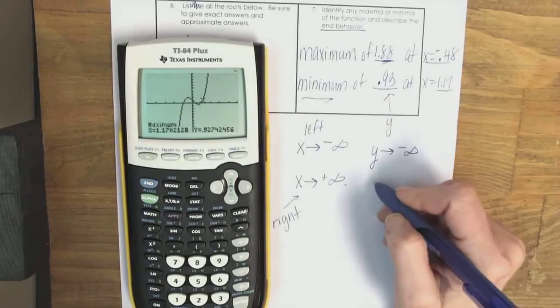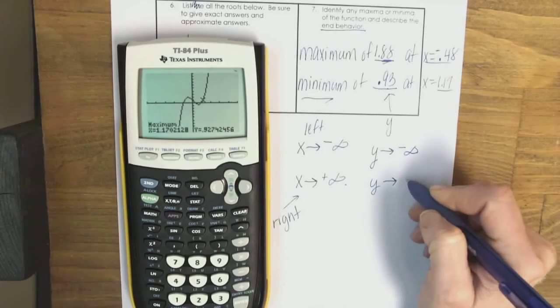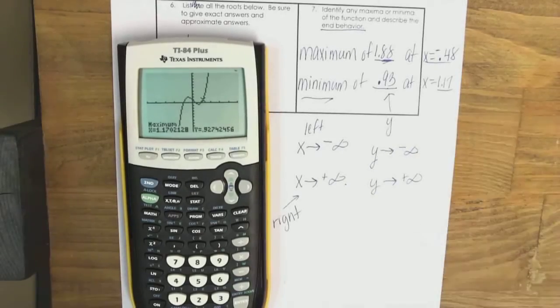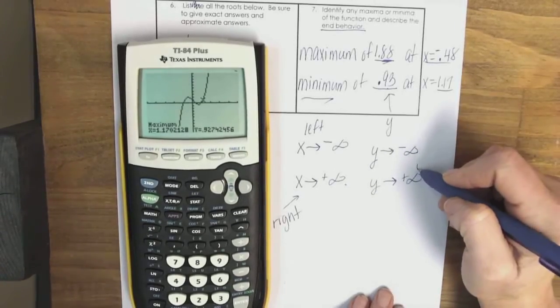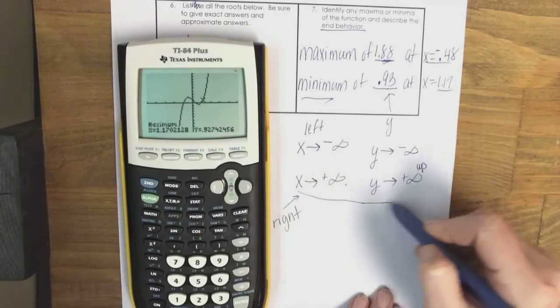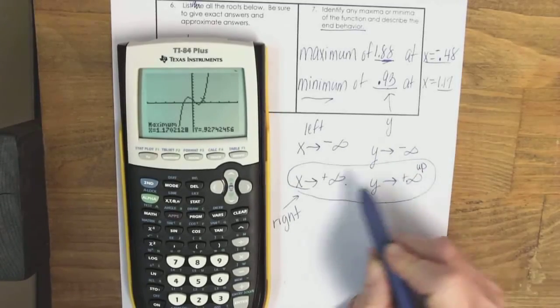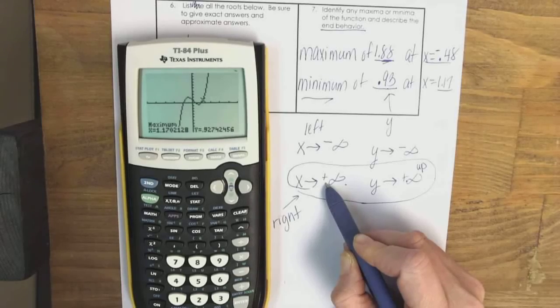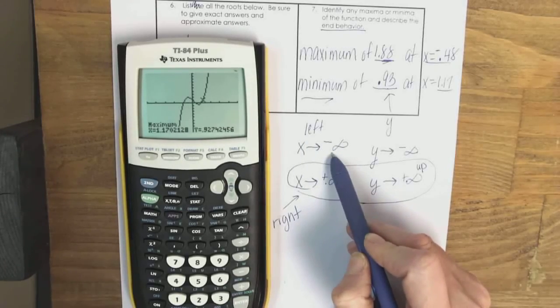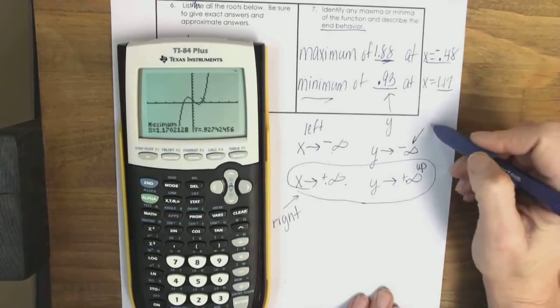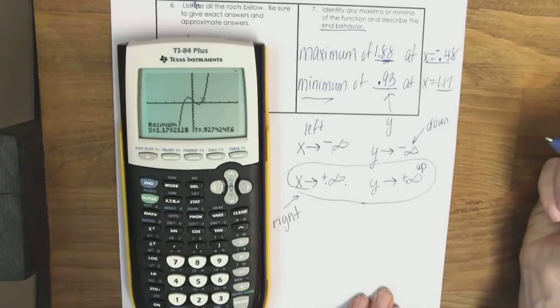What is happening to the y values? Well, they are going up forever. So if you think something is going up on the right, this is how you write it. That's how you write on the right end. This is how you write the left end, and they are going down, so we write it like this.